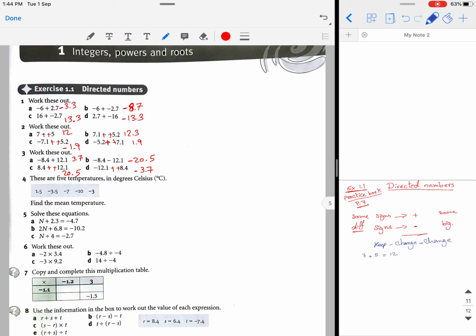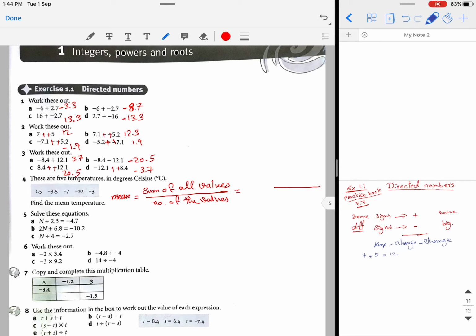So after that, there are 5 temperatures. We have here 5 temperatures, 5 values, and we need to find the mean. Okay, the rule for the mean equal sum of all values divided by the number of the values.